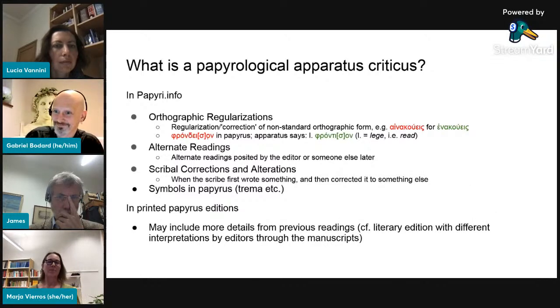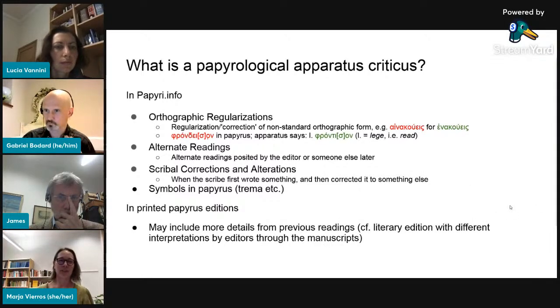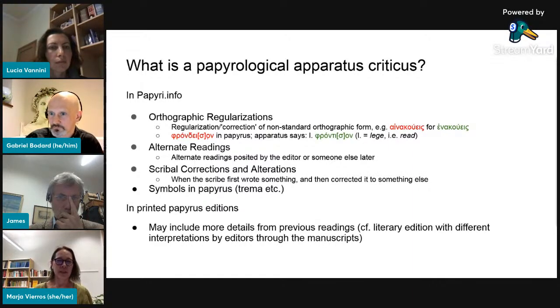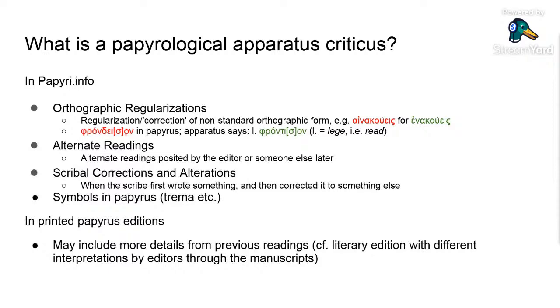So what is a papyrological apparatus criticus? Well, you already saw some parts of it. In Papyri.info, we usually have these 4 things in the apparatus. So the thing that is below the text, showing some extra info for the transcription of the papyrus text we see. So we can have there orthographic regularizations, which was something that Gabby just showed you.